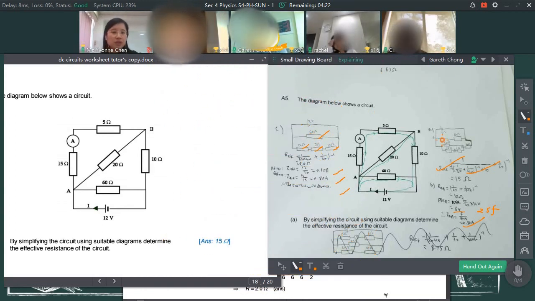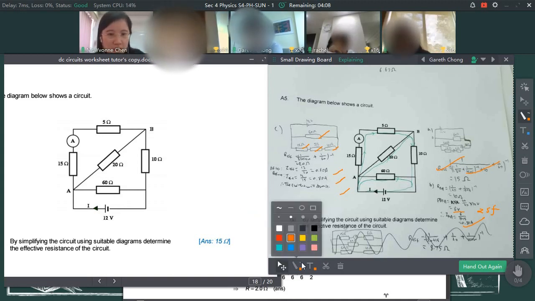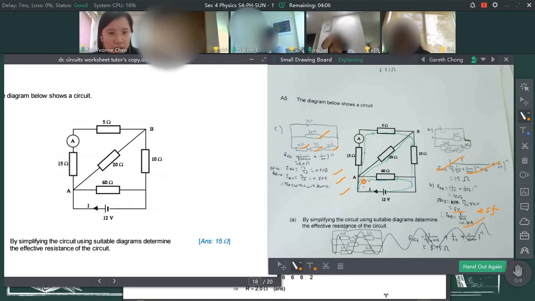Okay, so this is the working. So you can see the simplified circuit. What happened is the current at the point A will split. So 15 and the 5 are connected in series.